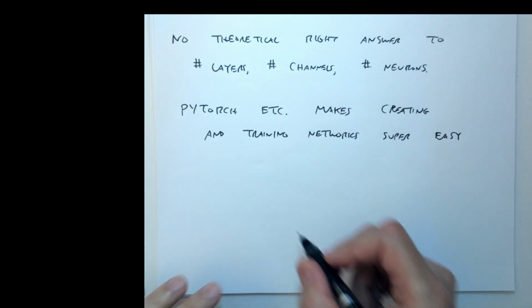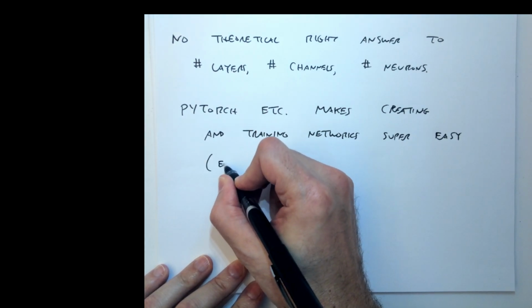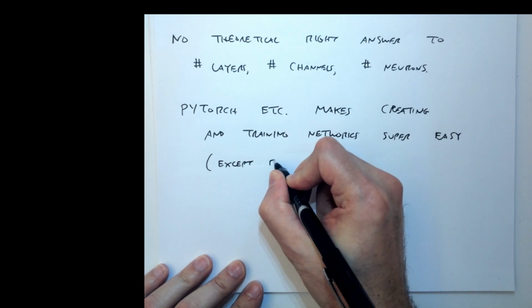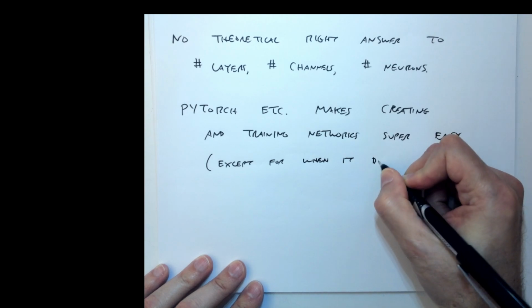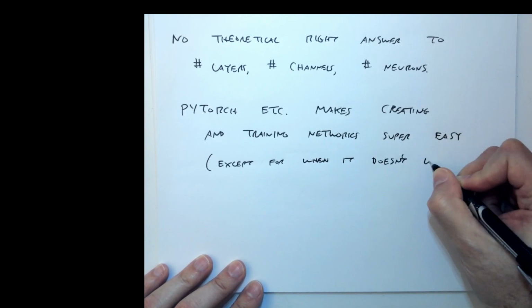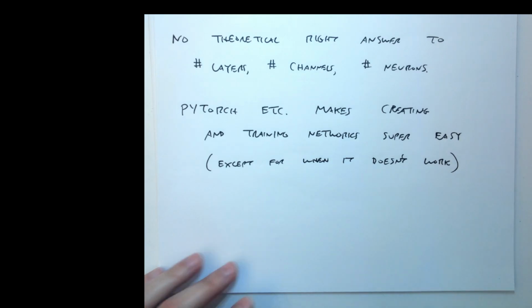But what you can't do is handle the case when it doesn't work. When it doesn't work, as in the network doesn't converge, or it has this thing I showed you earlier where my network seemed to do great on some classes and badly on other classes, that's the part where you just have to keep on screwing around with it until you get it to work, right?